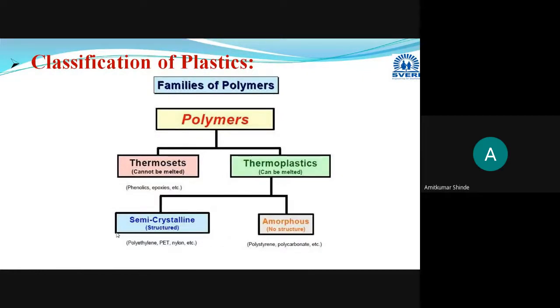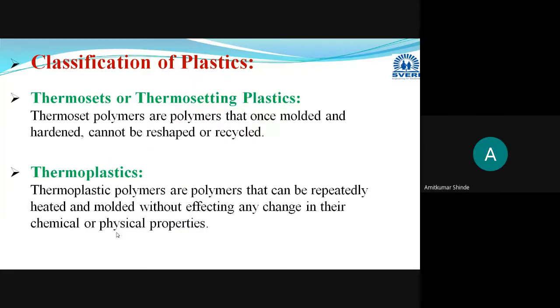Classification is done as thermosets and thermoplasts, and thermoplasts can be classified into semi-crystalline and amorphous materials. Then the meaning of thermosetting material and thermoplastic material. Thermosets are polymers that, once molded and hardened, cannot be reshaped or recycled.